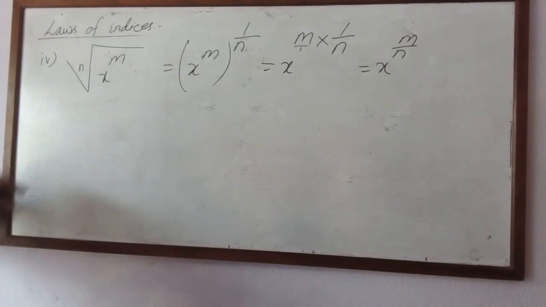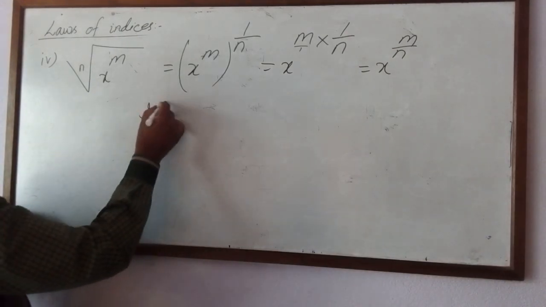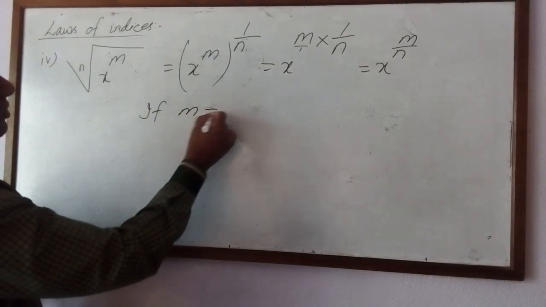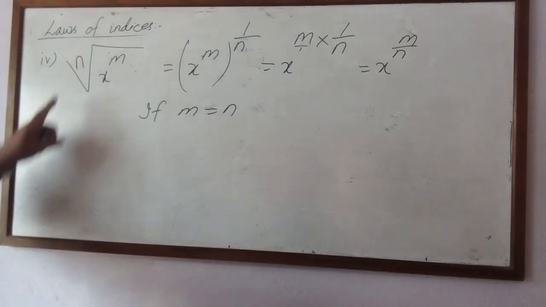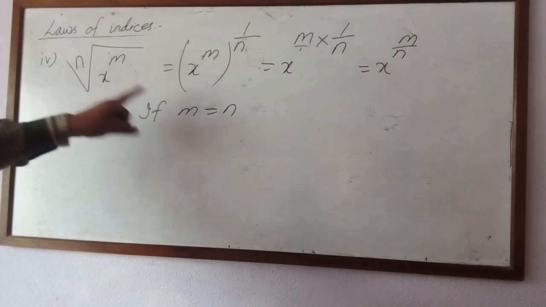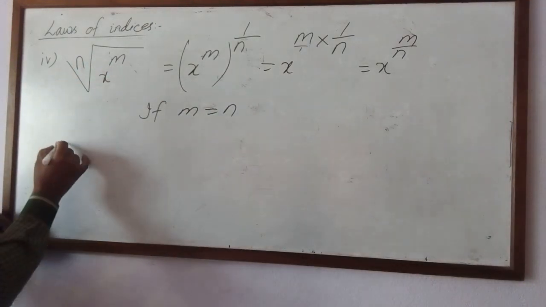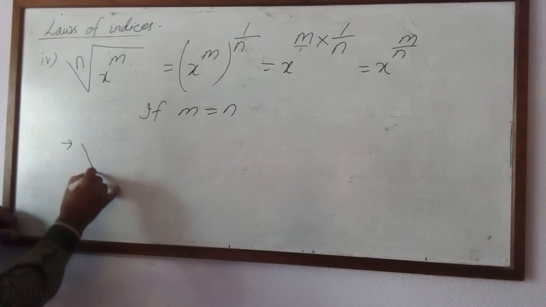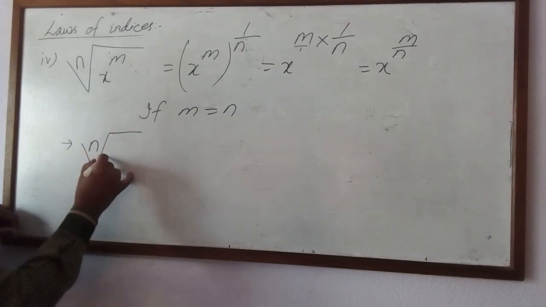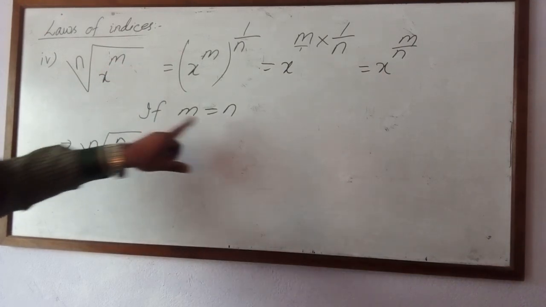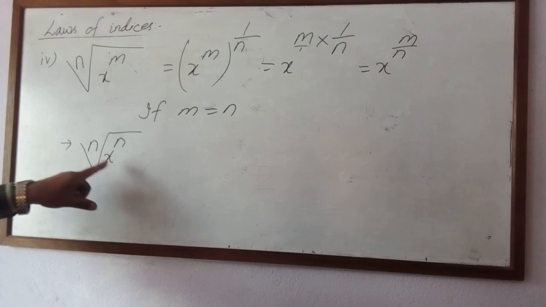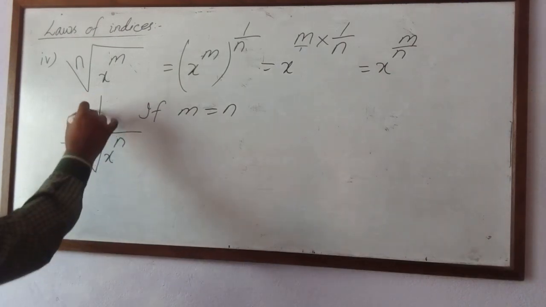Now in the same, what happens if m equals n, if they are equal? Then this formula will be like this. Here also n, x, here also n. I change this m into n when they are equal. When m and n are equal, this formula will be this one.